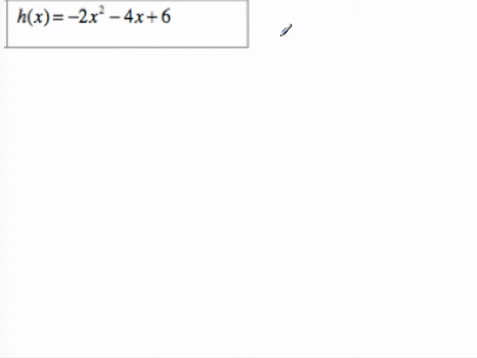Here, this is the famous standard form, so it is in the form ax squared plus bx plus c. The easiest thing to identify from this form is your y-intercept. So when x is equal to 0, this term goes away, that term goes away, and our y-intercept is known as our c value, which is just 6.